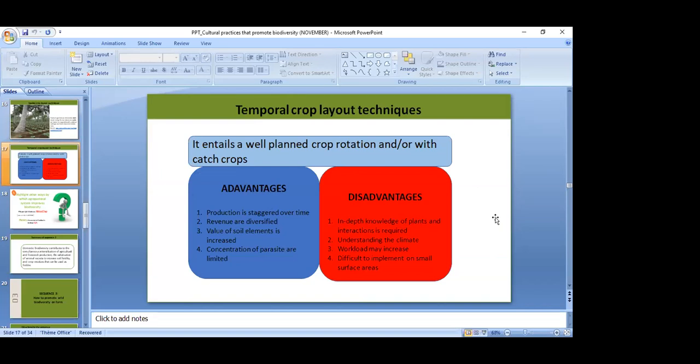So the advantage is production is staggered over time. Now, what do we mean by production is staggered over time? In temporal crop layout, we established that it is seasonal.